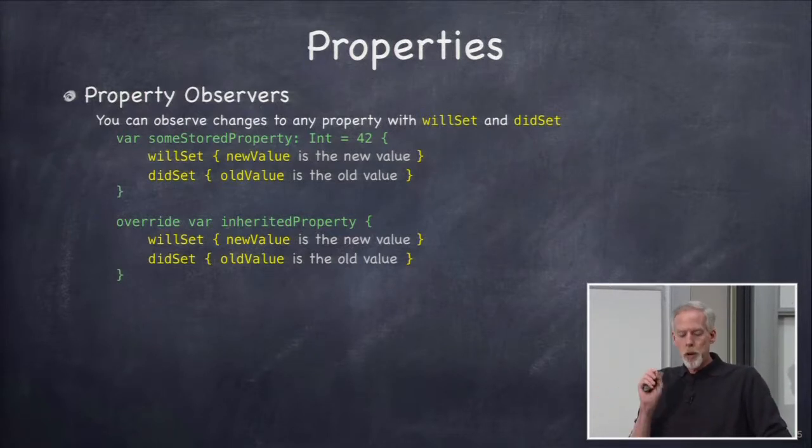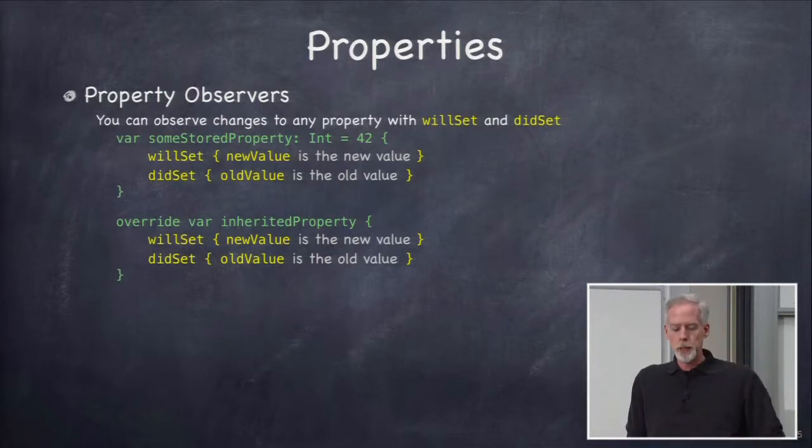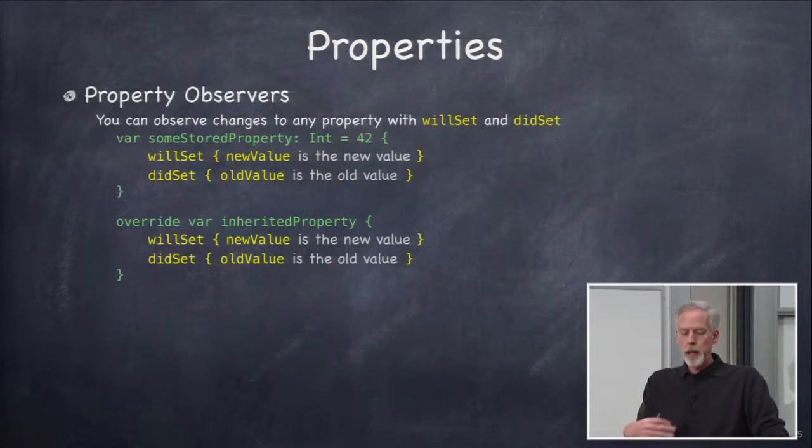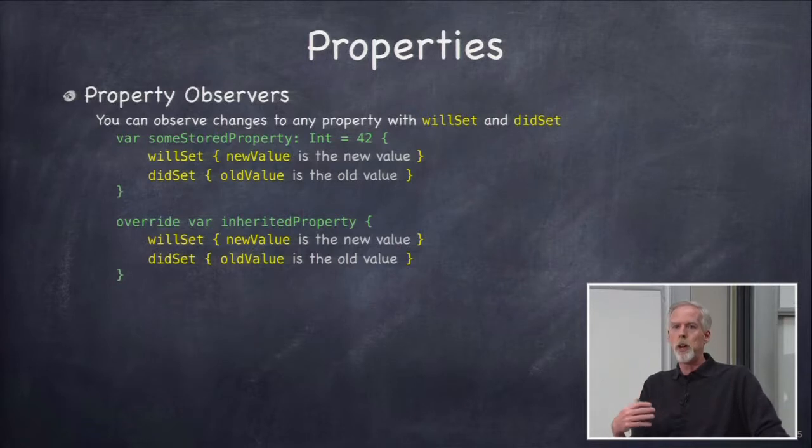They get called when that property gets set by anybody. So it's called a property observer because with this code, I'm observing that this thing is being set. The willSet is called right before the property's value gets set, and the didSet right after. And inside the willSet, you've got this special variable called newValue, which is the new value that's going to be set. And inside didSet, you've got this special thing called oldValue, which is the old value.